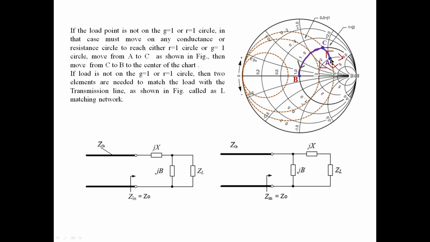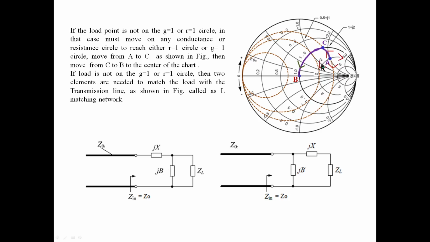You can mark it based on your load value, and that point will be there on the Smith chart. First you should see whether a resistance circle is passing. It may be any resistance circle; here it is 2 that is passing through this.